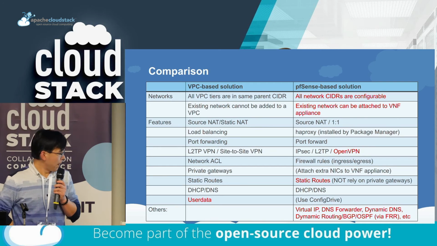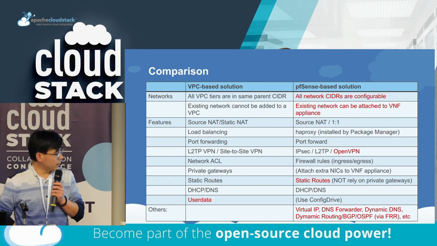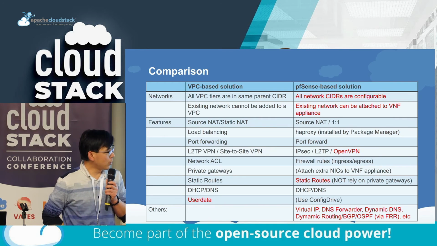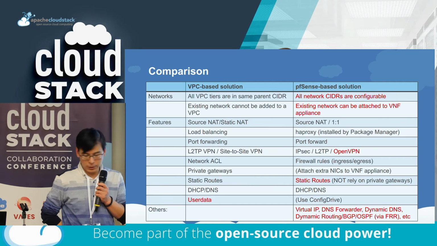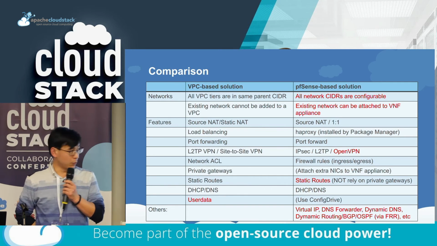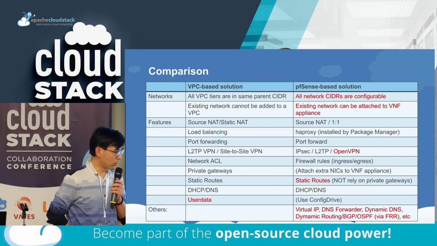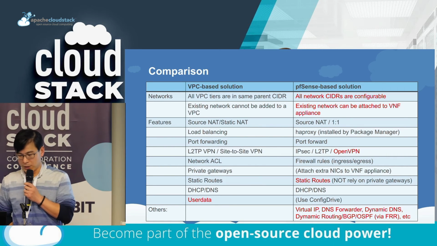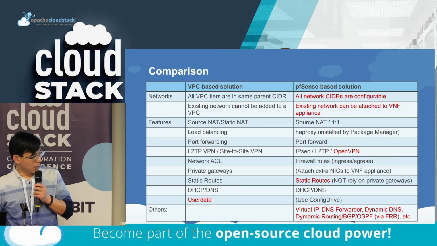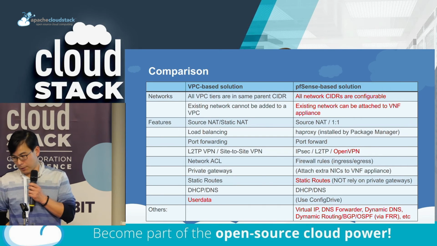Besides these differences, the pfSense solution also provides many more functionalities. For example, virtual IP, DNS forwarder, dynamic DNS, and dynamic routing such as BGP and OSPF, which can be configured by FRR.